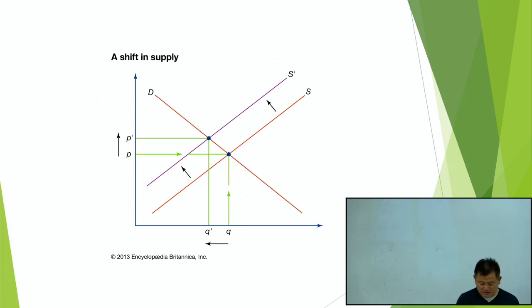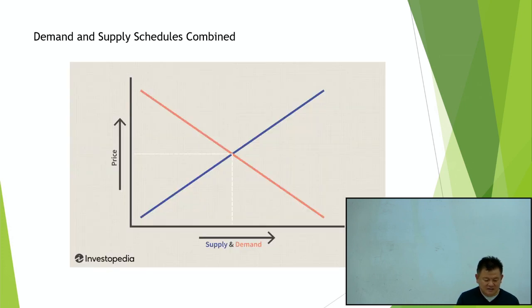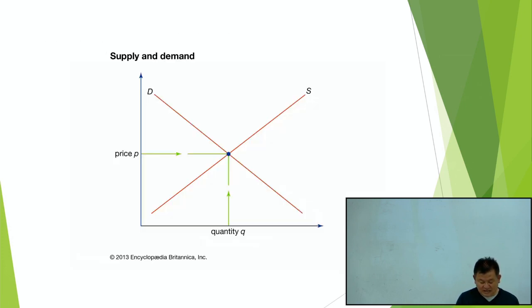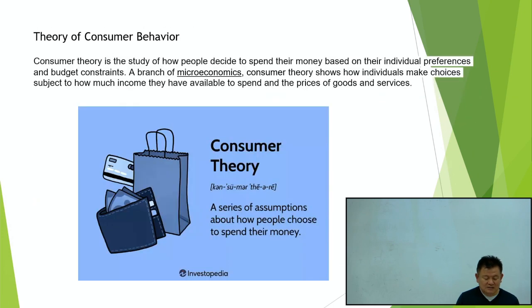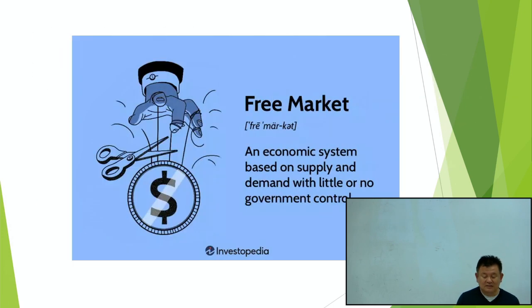Shift the demand and shift the supply, and then the equilibrium price moves. Where does this situation occur in the market? The free market is an economic system based on demand and supply with little or no government control. No government control. Freely they exchange the products. This is the free market.